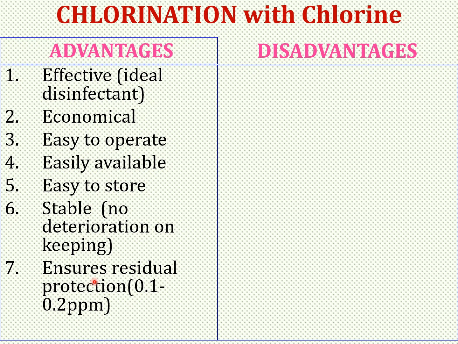It also ensures residual protection. What does that mean? Even after the chlorination process, a residual chlorine of the permitted concentration of about 0.1 to 0.2 ppm will remain in water, which will ensure that reinfection will not happen. So this is possible in chlorination.